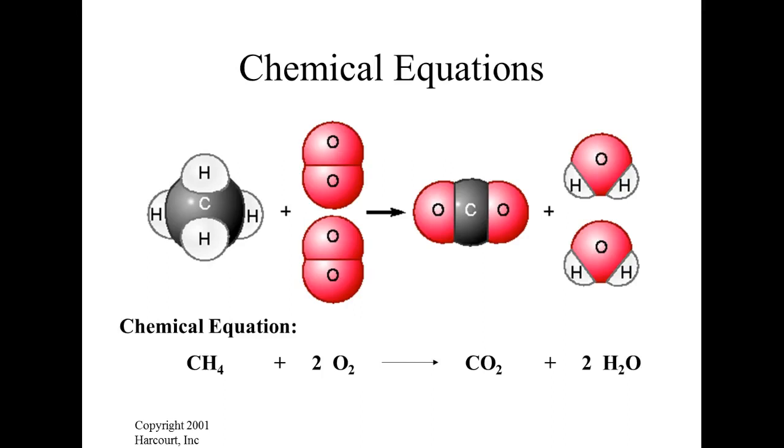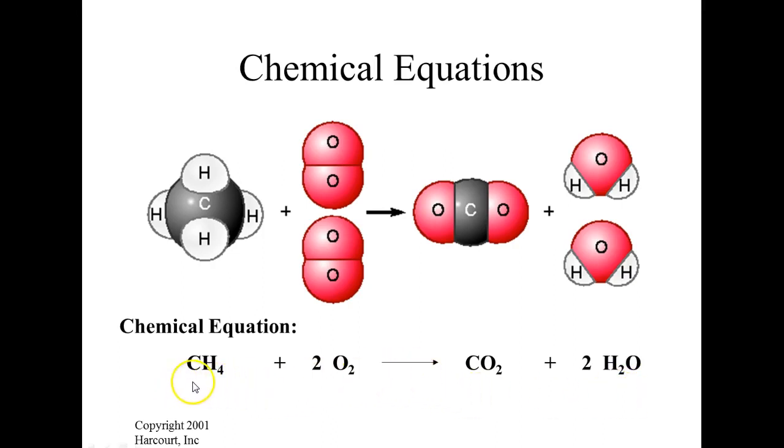So this is showing a chemical equation, and this is explaining a chemical reaction. So for example, if I have methane, which is something that you're able to burn, and I have it in an atmosphere of oxygen, it can form carbon dioxide and water. This is called a combustion reaction, and it would really be good if you memorize this reaction.